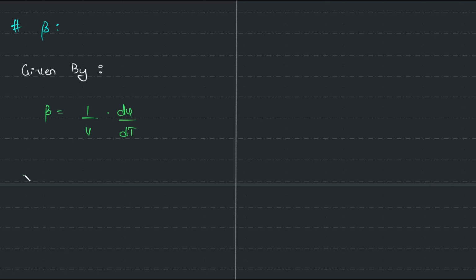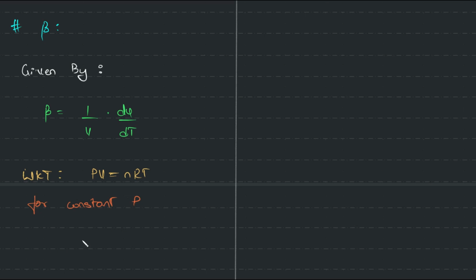So technically we have to do this. We know that PV is equal to nRT for constant pressure.